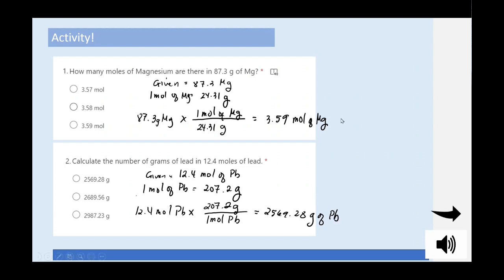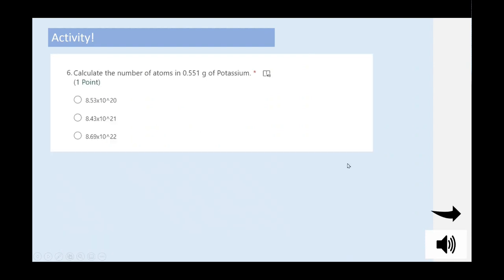Okay, so now we know how to convert moles to grams and grams to moles. So let's go to the number of atoms of our potassium.